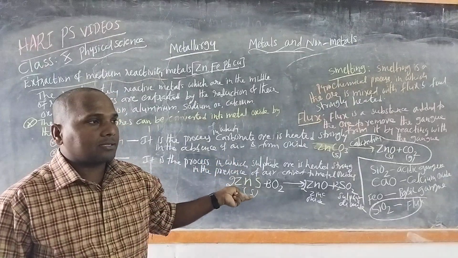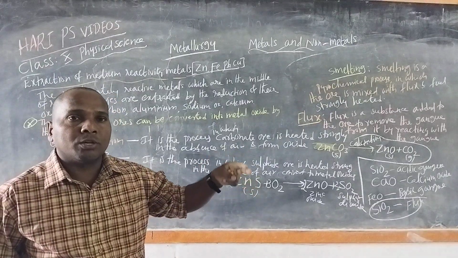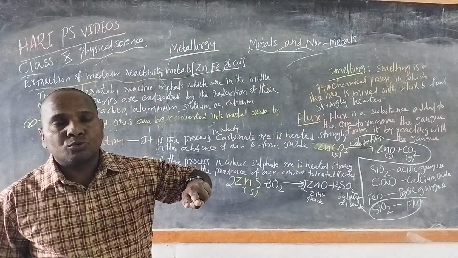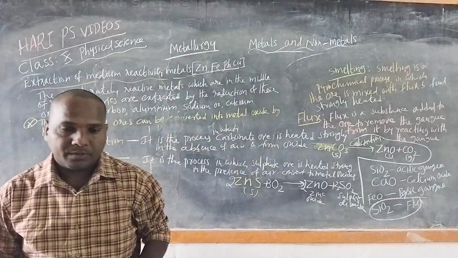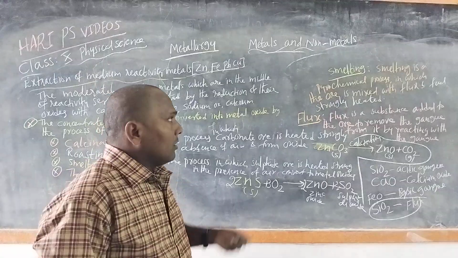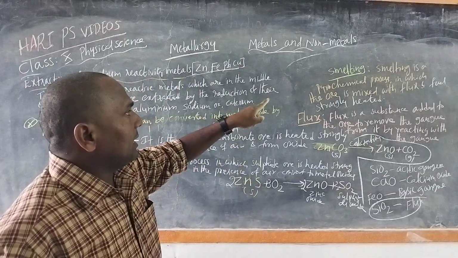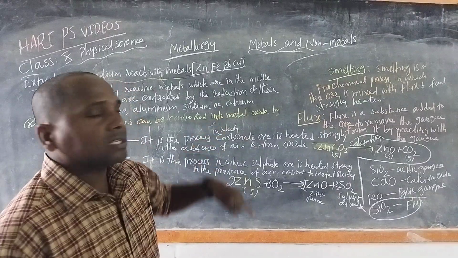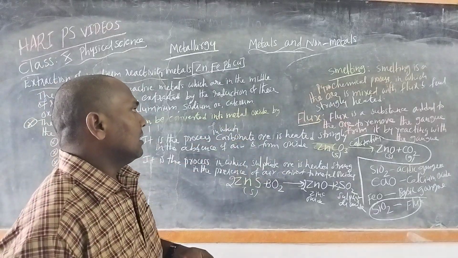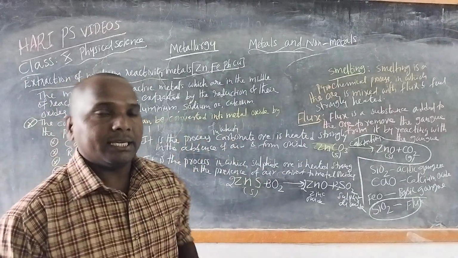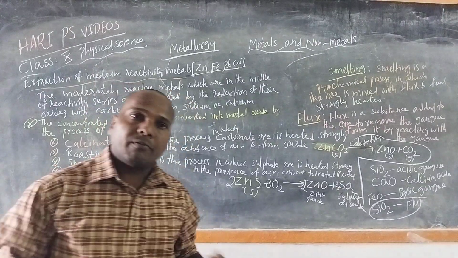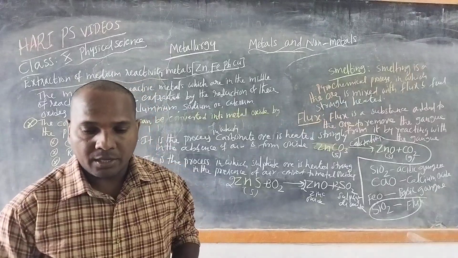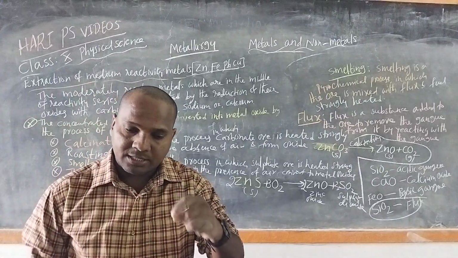Acidic flux is used to remove the basic impurity, and basic flux is used to remove the acidic impurity. So smelting is a pyrochemical process in which the ore is mixed with the flux and fuel and strongly heated. When we heat the flux and the ore strongly, we get metal.